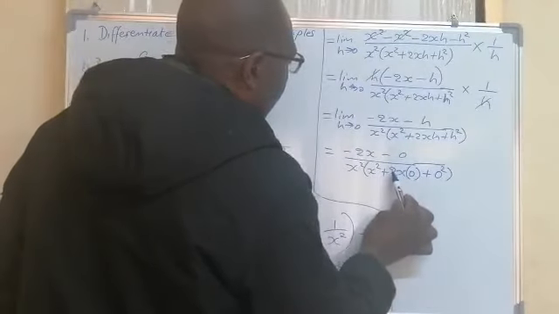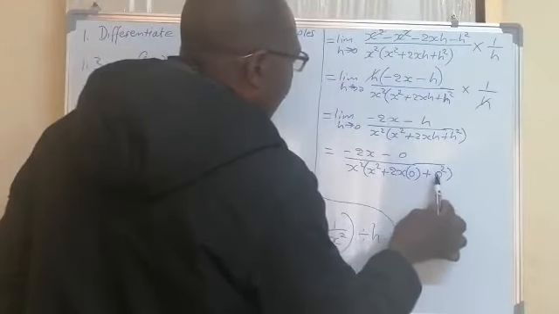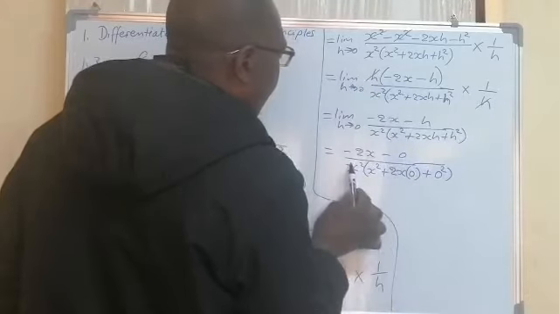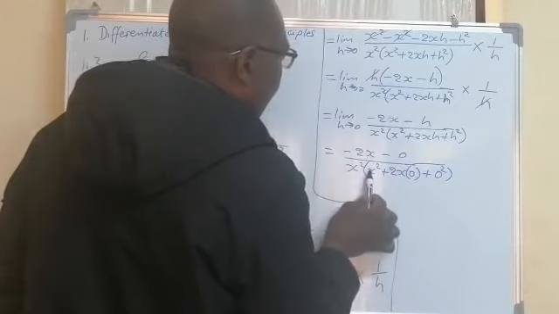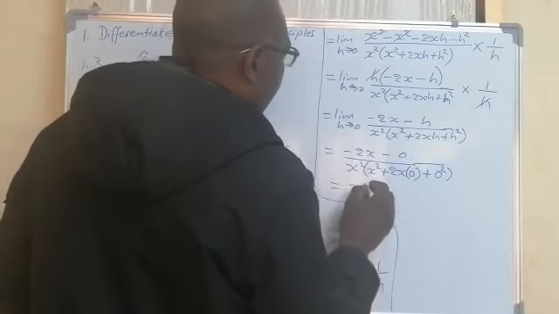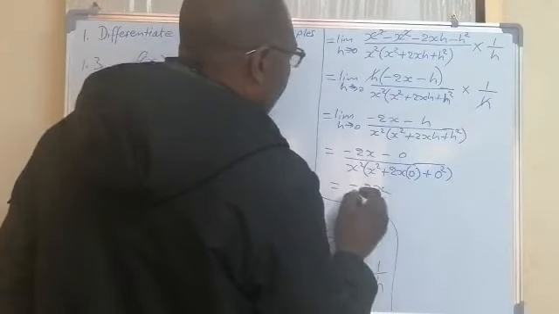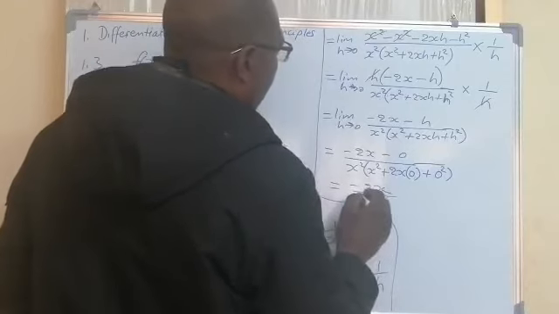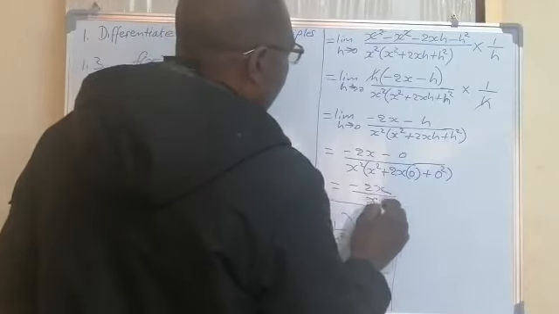We now have, this is 0, this is 0, that is 0. We are only left with this multiplied by that. And this will give us minus 2x is our numerator over x to the 4th.